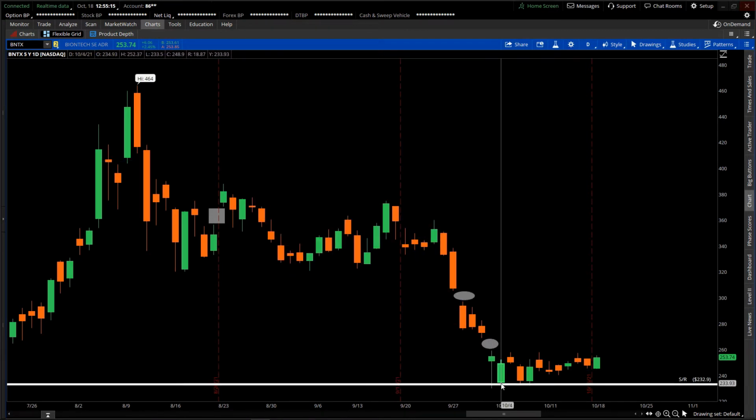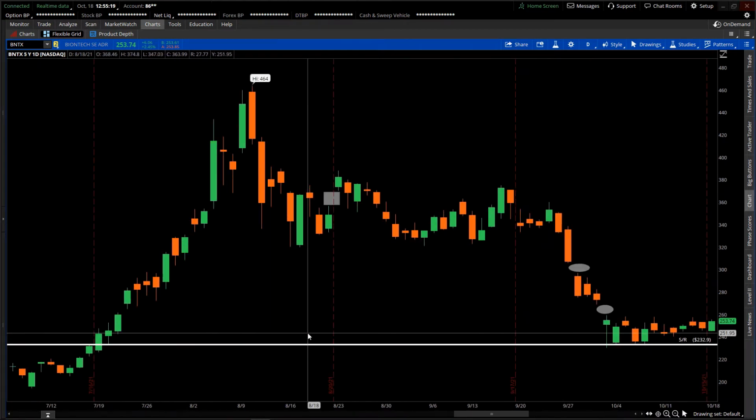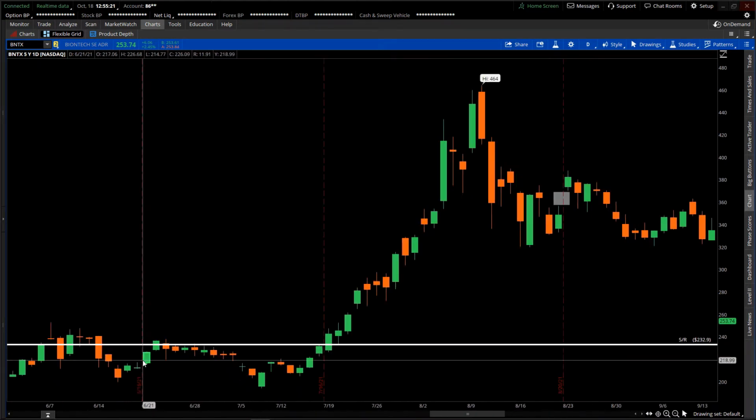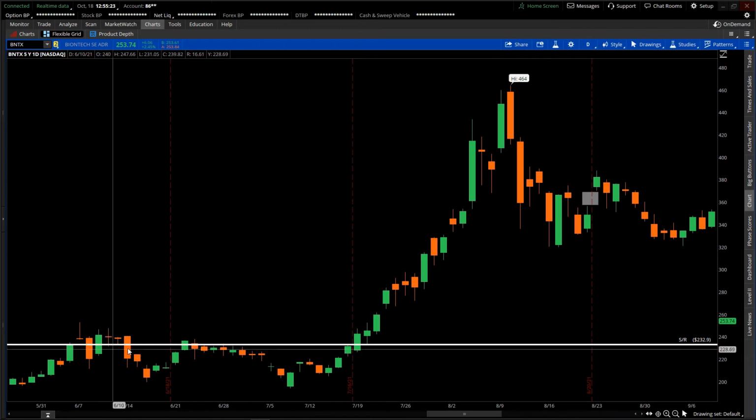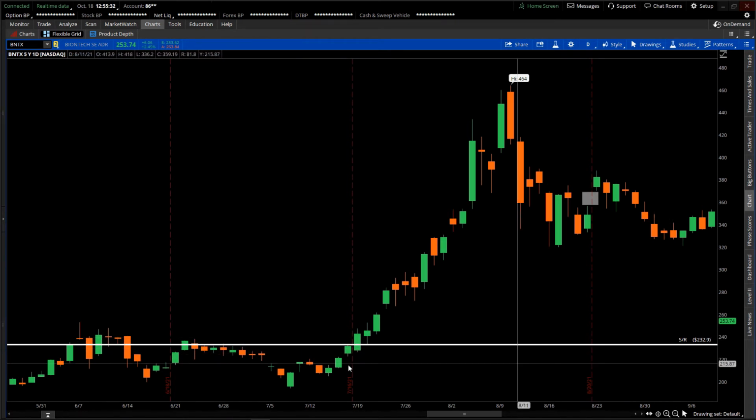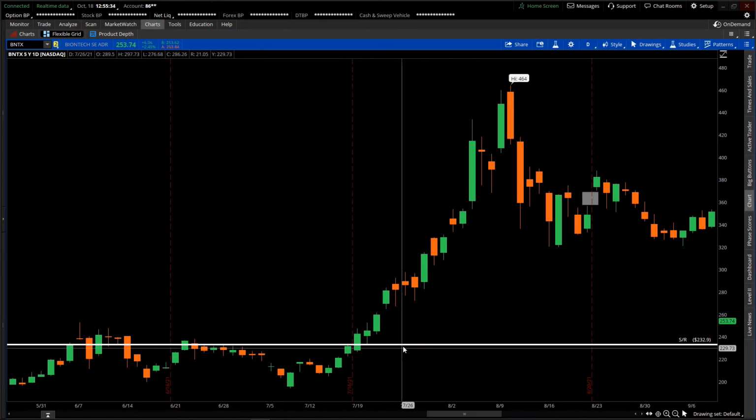And you can see that price was supported at this price level here. And if I go left, price was rejected here, right? So there was resistance all through this time period at the 232.90 price level.